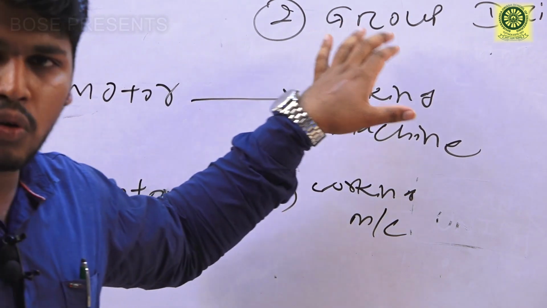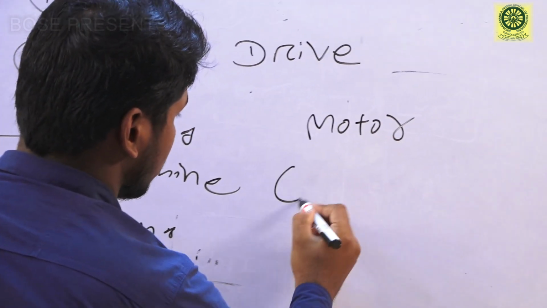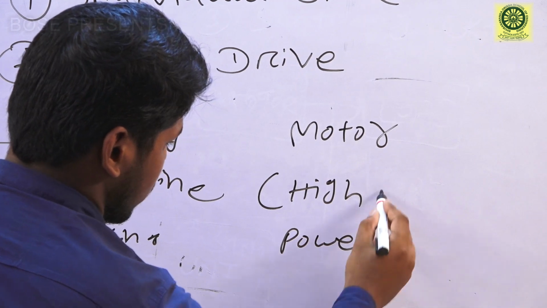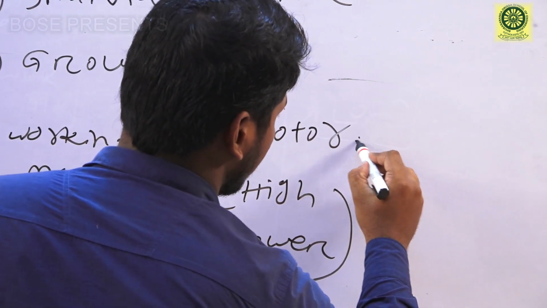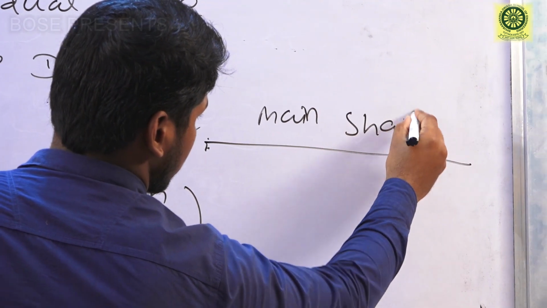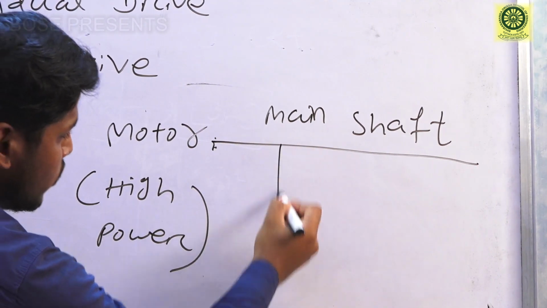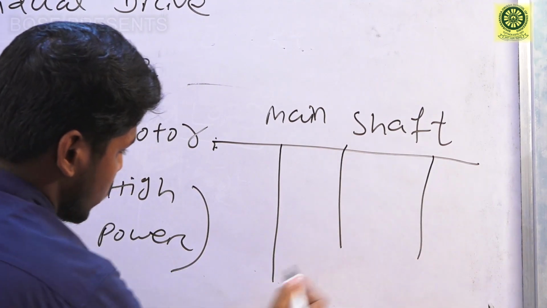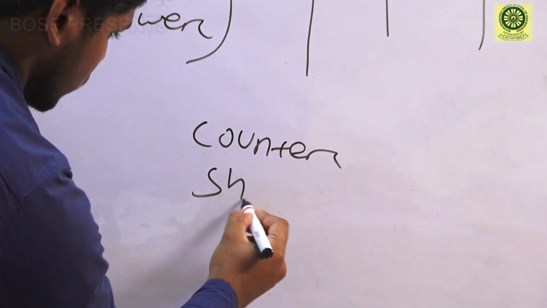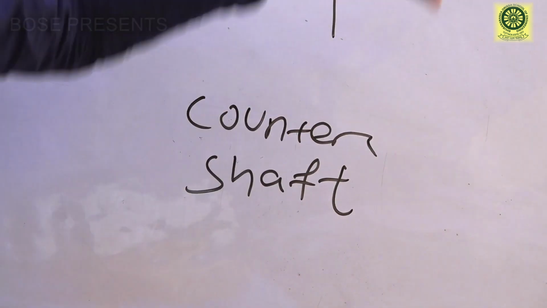But in the group drive, there will be a single motor which is of high power, and from the motor there will be a main shaft, and from the main shaft there will be a number of counter shafts.